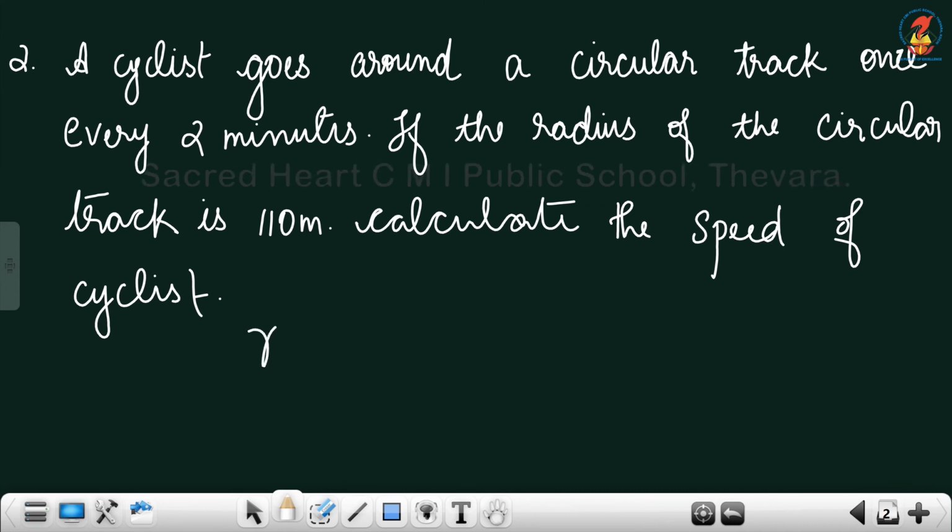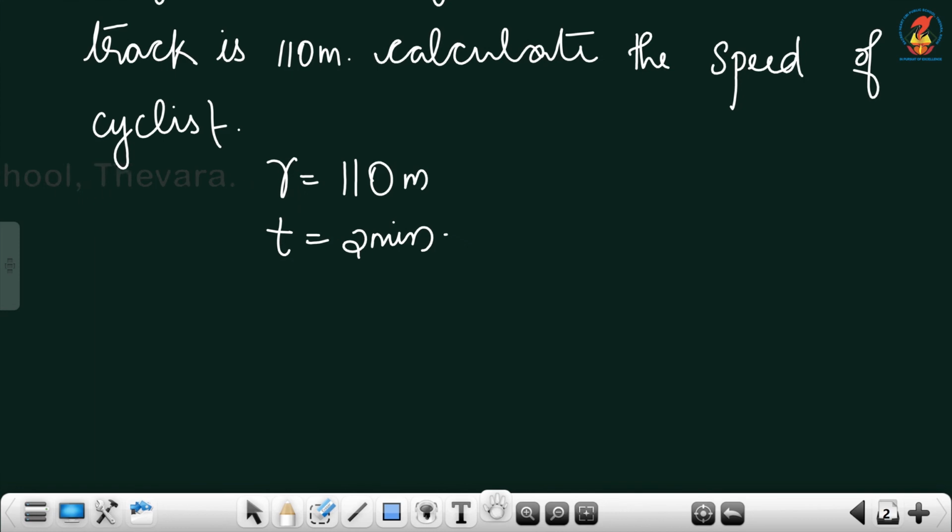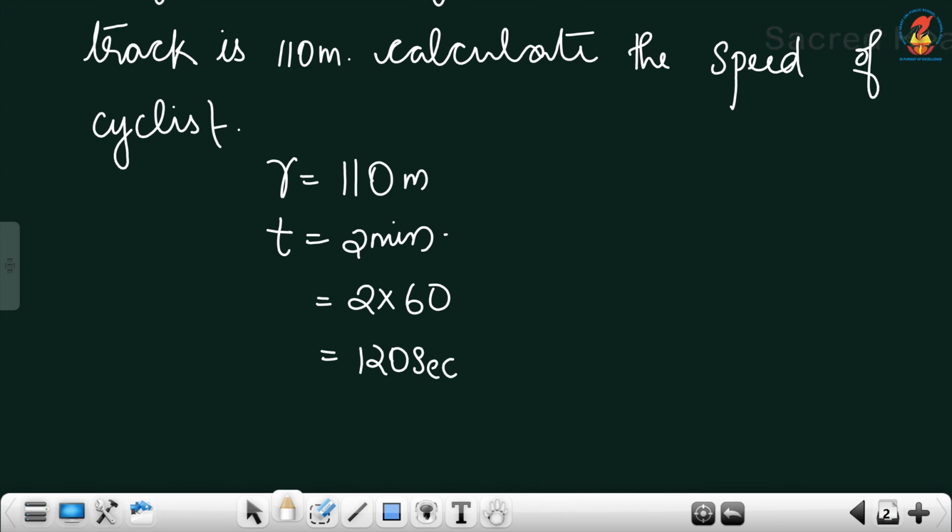So, radius r equal to 110 meter, t equal to 2 minutes. Convert it into seconds. How will you convert it? Multiply with 60, that is 120 seconds.